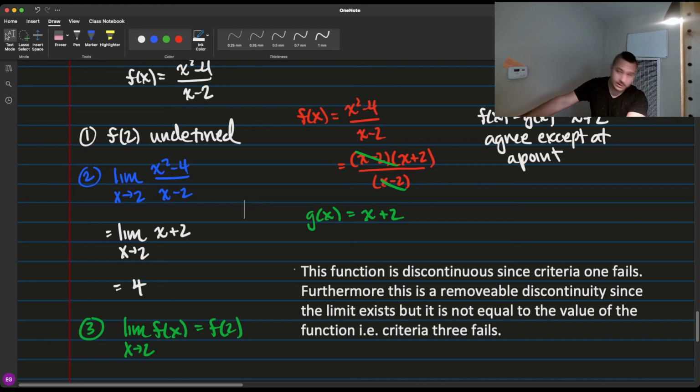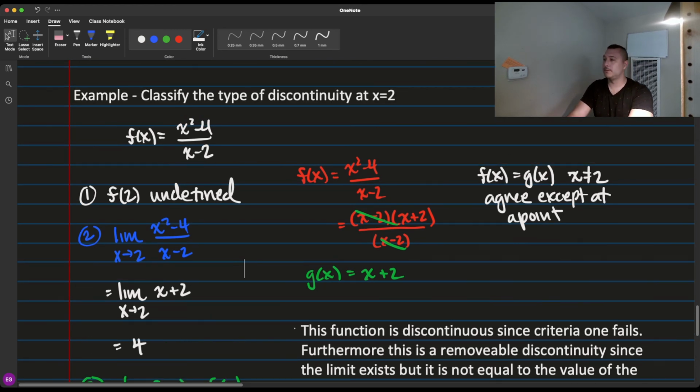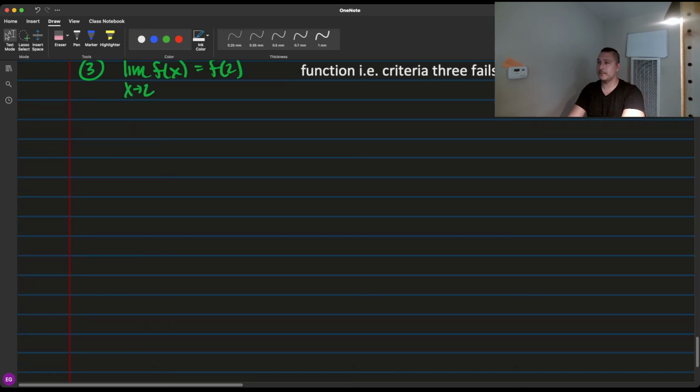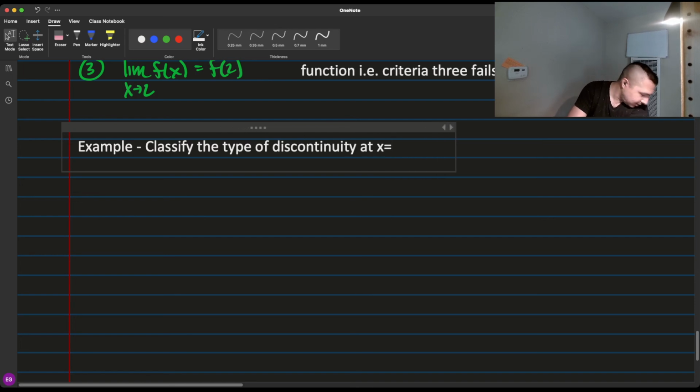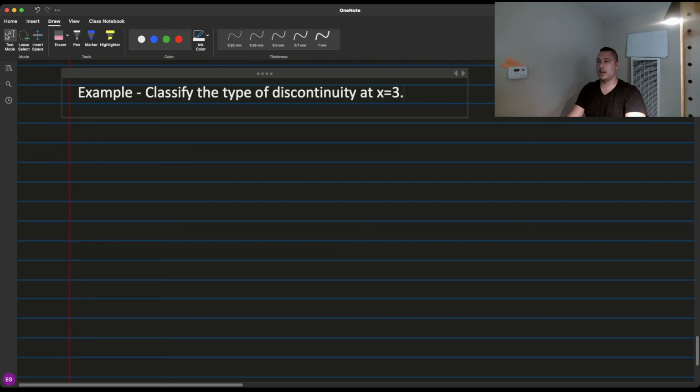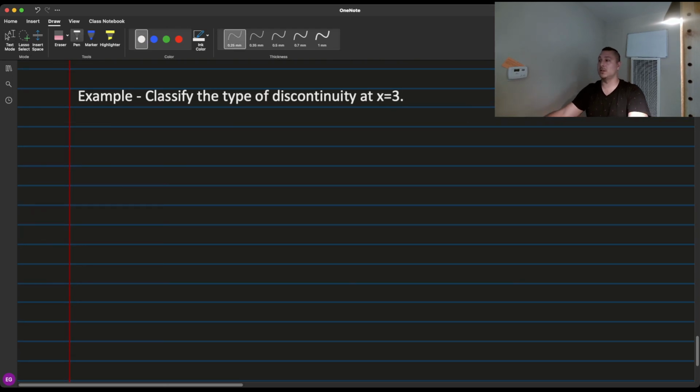Okay, let's do another one. Example, classify the type of discontinuity at x equals 3. And then we're going to use a piecewise function, so I'm going to draw it. Let's say that f of x equals piecewise function minus x squared plus 4.